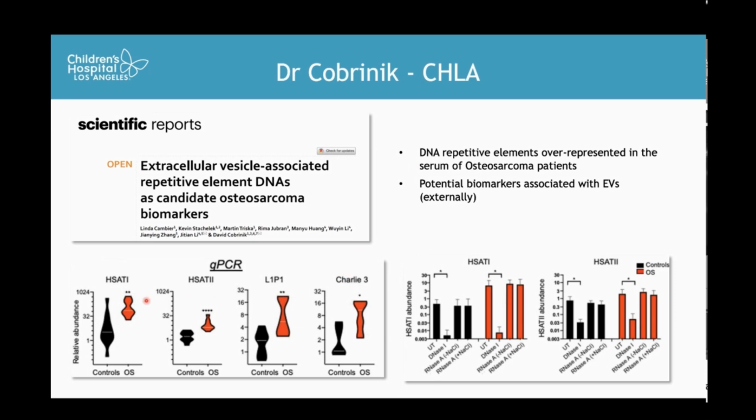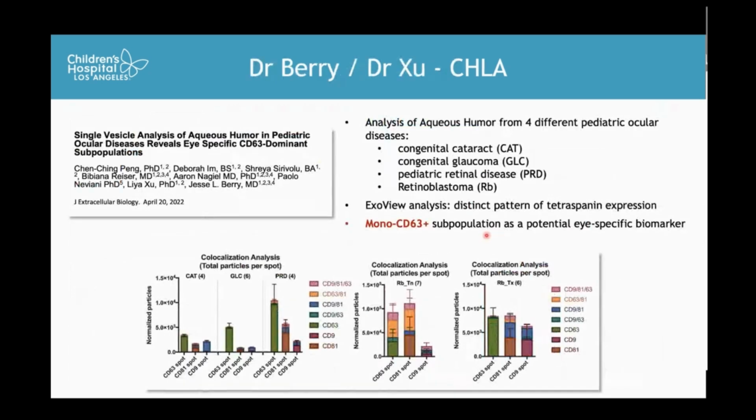These are the 4 types of DNA repetitive elements, and they found them to be associated with EVs. Interestingly, they are specifically associated with EVs, but also still sensitive to DNase, suggesting that they may be linked to the vesicles on the outside, which is a very interesting concept.